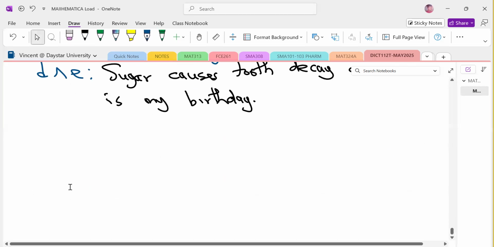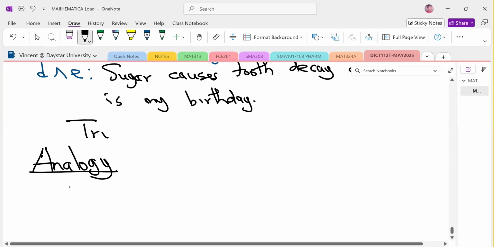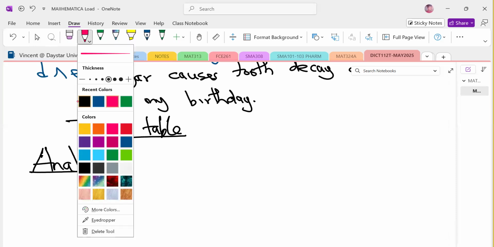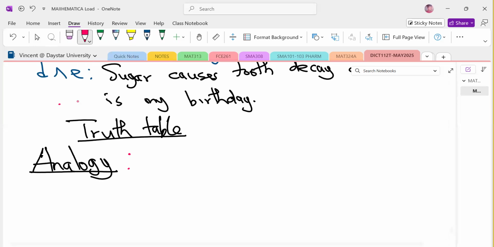But before we draw the truth table, we'll make use of this analogy. So, truth table. For us to understand how to draw a truth table for a conjunction, we need to make sense of this analogy or this statement.